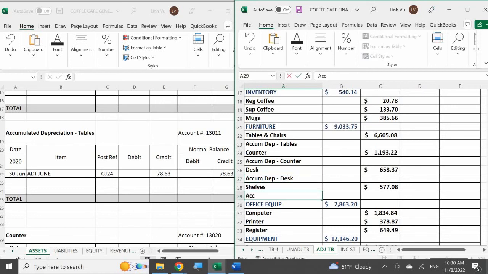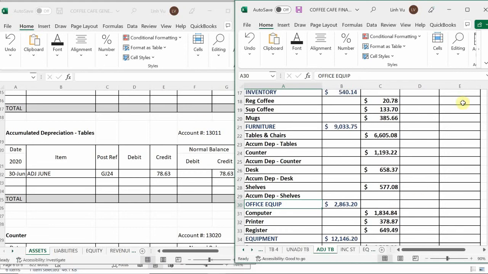And then you have the accumulated depreciation for the shelves. Okay? So I'm going to list them all out, but remember, these are all contra accounts. So it's going to decrease the furniture account.